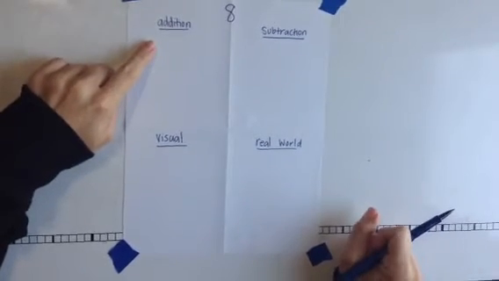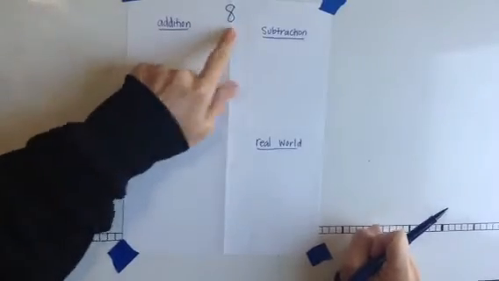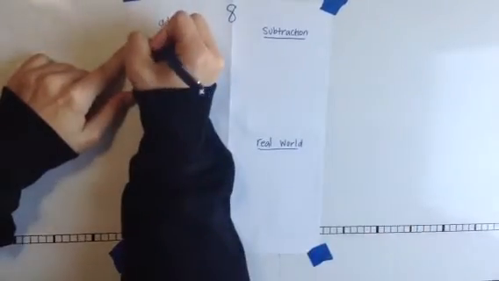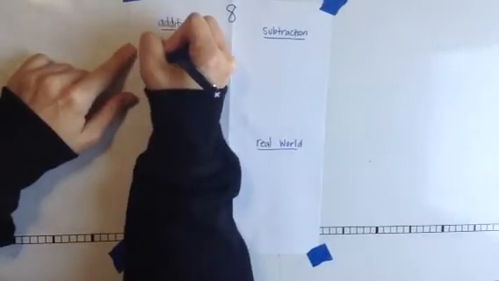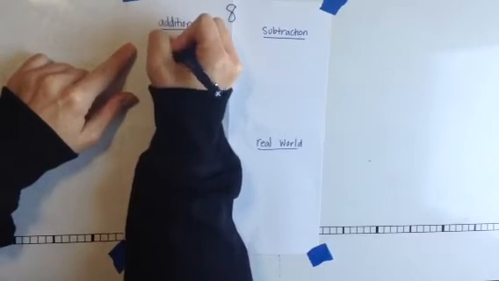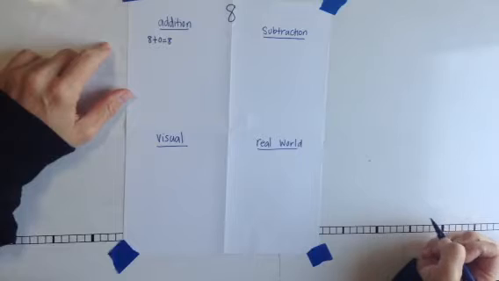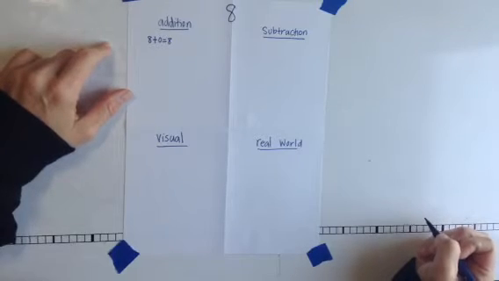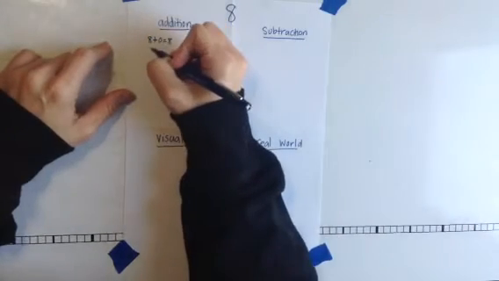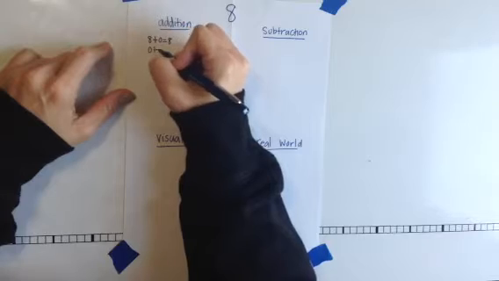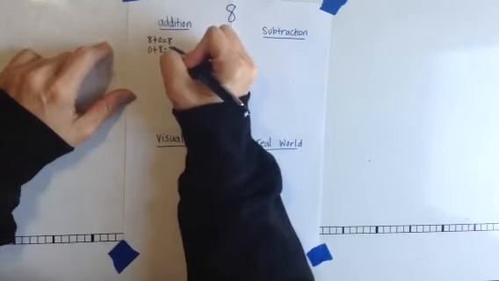So when I think about ways that I can add to make a total of 8, the first one that comes to my mind is 8 plus 0 equals 8. Now, I've used the commutative property before, and I know that I can also reverse my addends, and I can say 0 plus 8 equals 8.